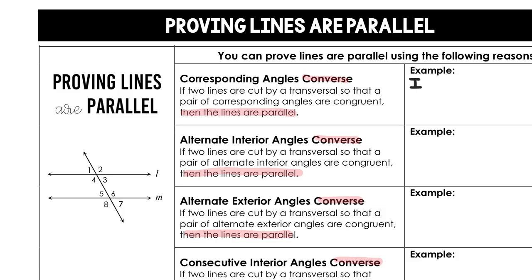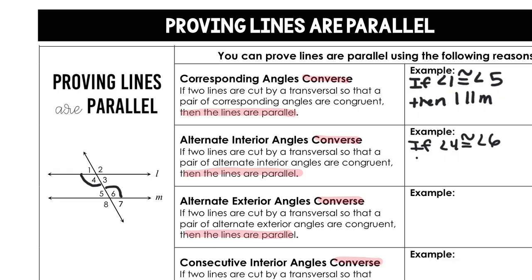We would have if angle 1 is congruent to angle 5, because those are corresponding angles, then L is parallel to M. Alternate interior angles converse says if two lines are cut by a transversal so that a pair of alternate interior angles are congruent, then the lines are parallel. If we look at the picture, alternate interior angles are 4 and 6. So we would have if angle 4 is congruent to angle 6, then L would be parallel to M.